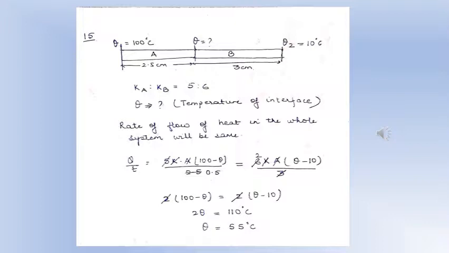Solving the two equations, we get the temperature of the interface as 55 degrees Celsius. Heat will flow from theta 1 to theta 2, so you have to consider theta will be lesser than theta 1 but greater than theta 2, which we are getting as 55 degrees Celsius.